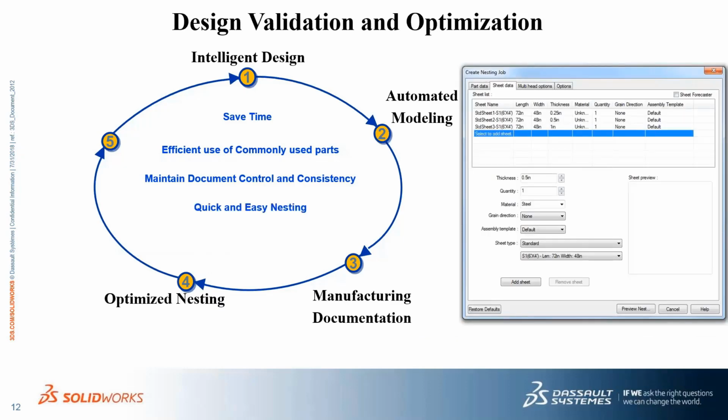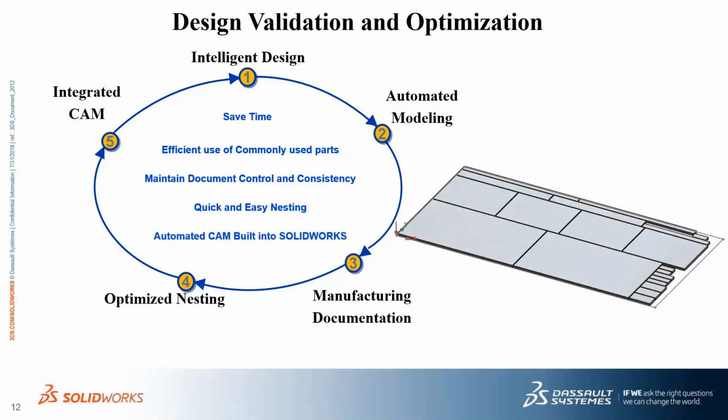NestingWorks allows us to have quick and easy nesting operations integrated directly into SOLIDWORKS, and allows us to generate nested assemblies without leaving the application. And then finally, we saw in integrated CAM how we have an automated CAM built directly into SOLIDWORKS with SOLIDWORKS CAM that allows us to easily pull out the features, set the stock and coordinate system based upon NestingWorks assemblies, and to delve deep into the G-code with the tool simulation.